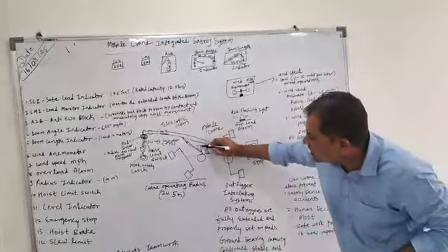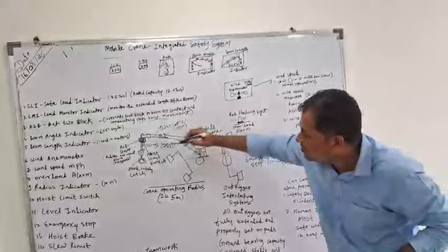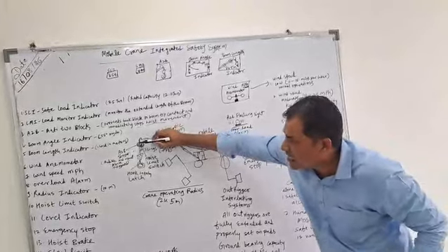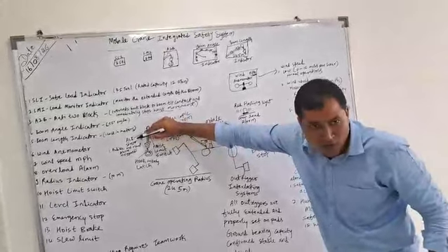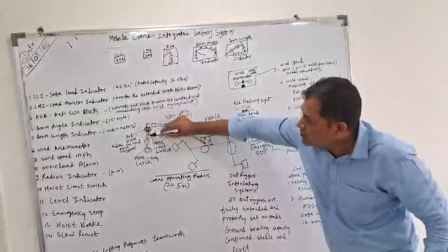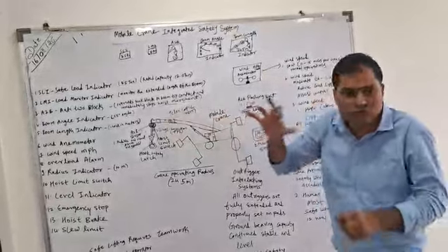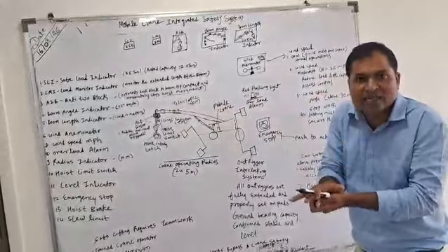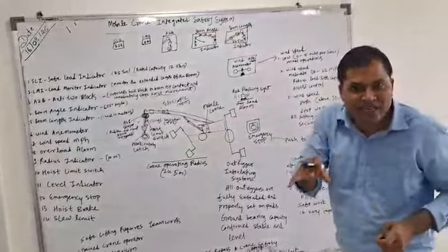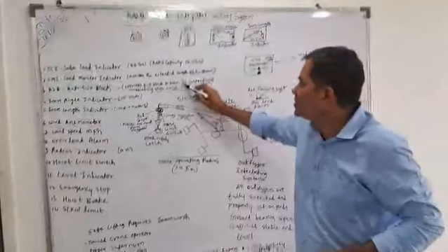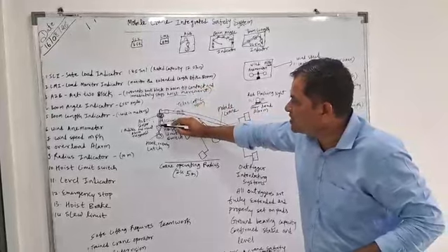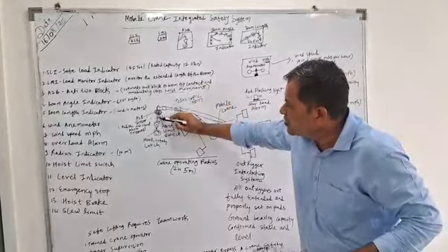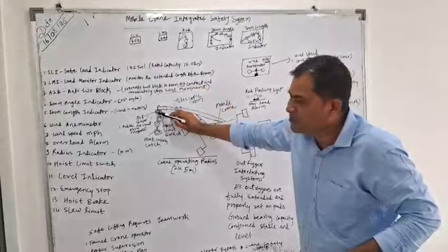Once he gets the alert on the panel, what will he do immediately? He will stop that lifting work, so he can prevent the boom from coming in contact with that tip. If this material comes over here, it may hit and damage.